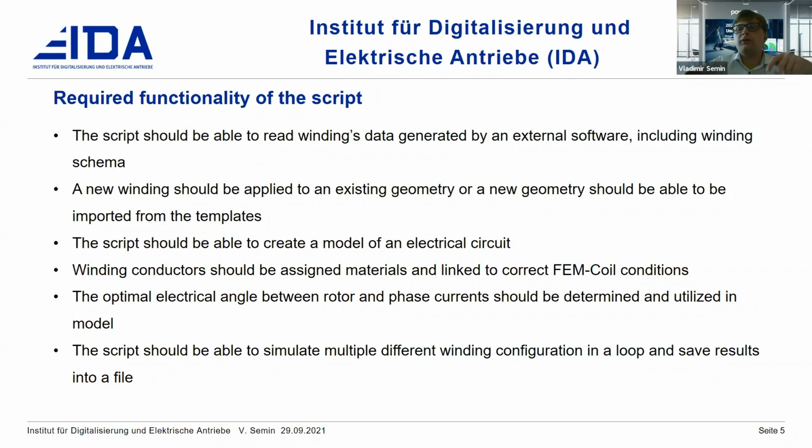For instance, when we would like to evaluate the torque generated by a given machine with all possible winding configurations, with the goal to find the best or the optimal one.